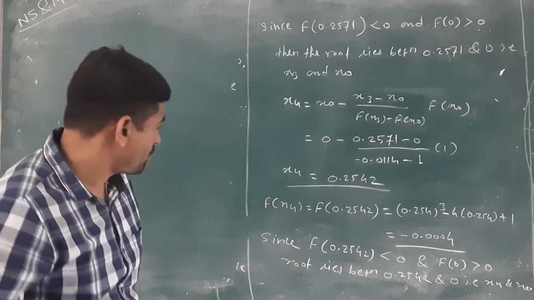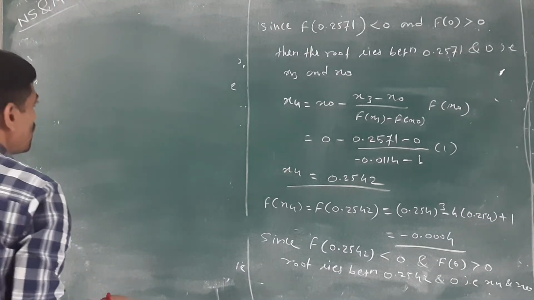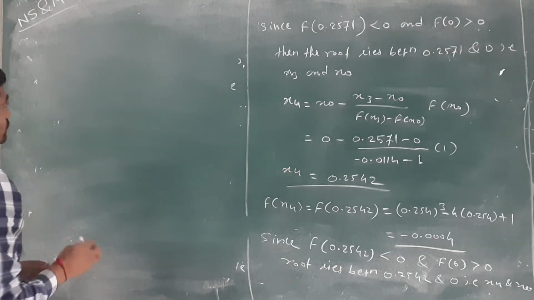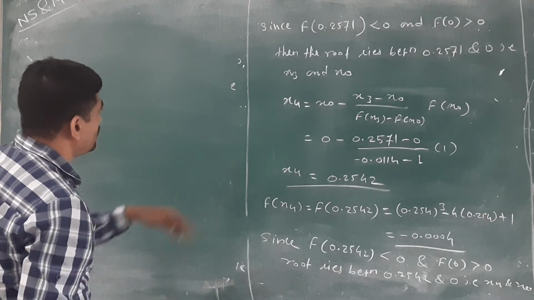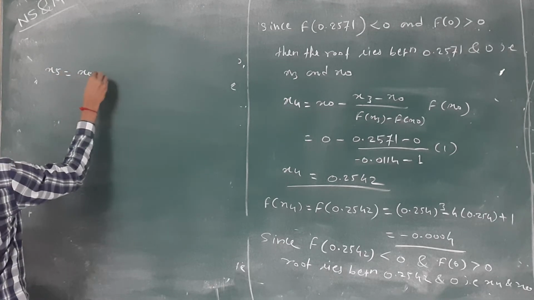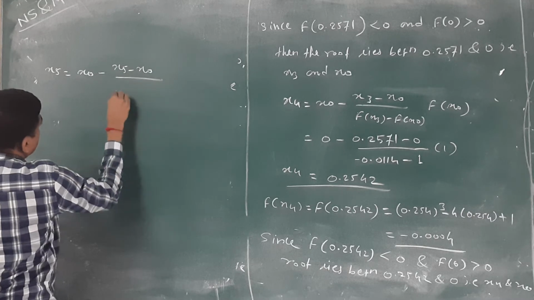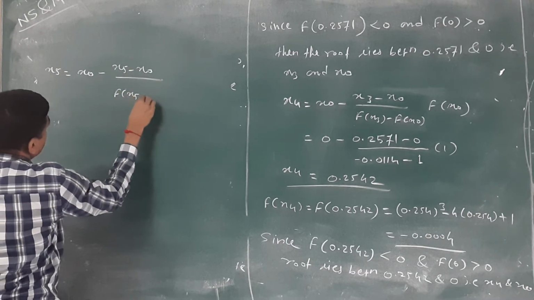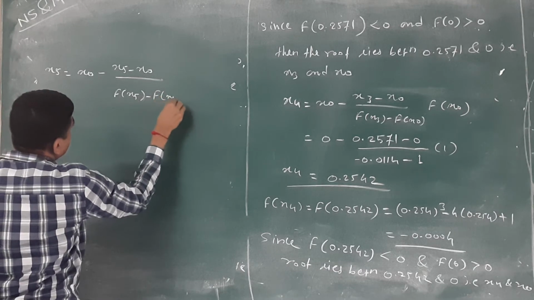What is the value of that? Then you have to use the interpolation formula, or false position formula. Okay. x5 is equal to x0 minus (x5 minus x0) times f of x0 divided by (f of x5 minus f of x0).